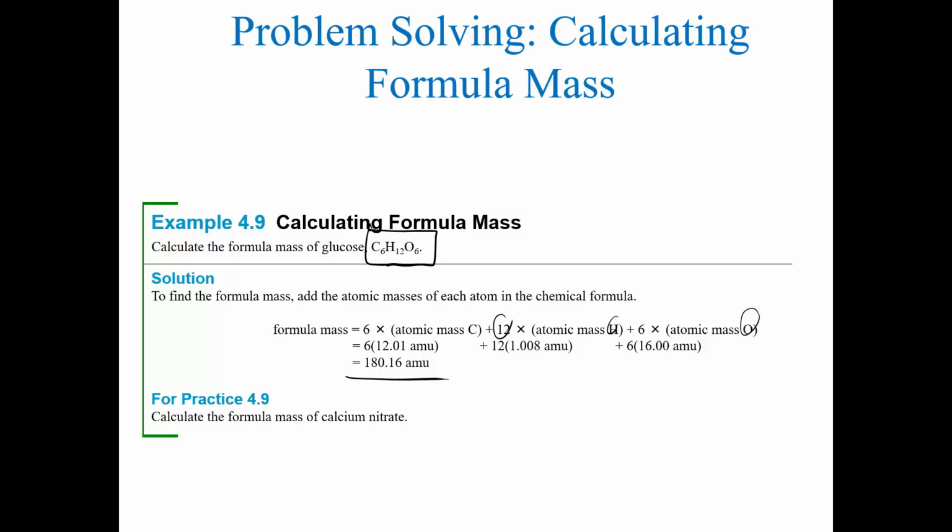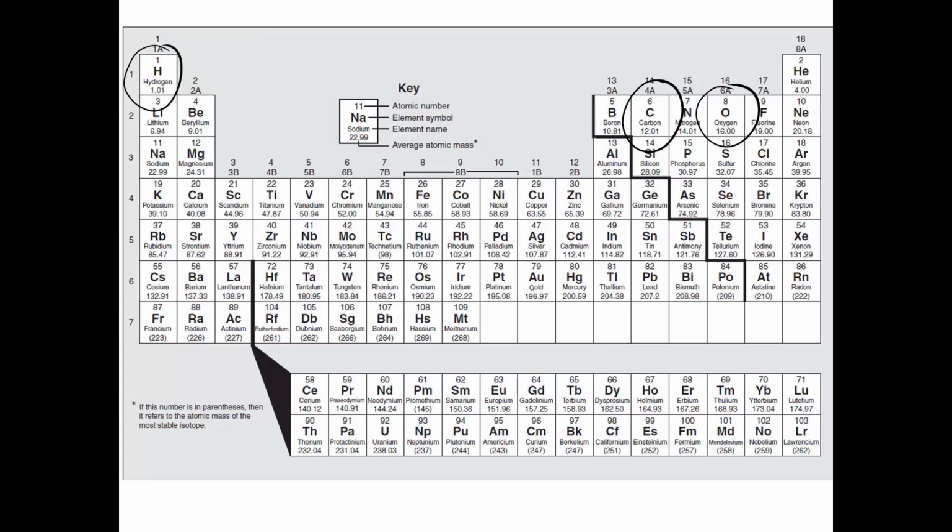Calculate the formula mass of calcium nitrate. For that you have to of course first come up with the right formula. Calcium nitrate is Ca(NO3)2. Look up on the periodic table calcium. Calcium is 40, nitrogen is 14, oxygen we have.